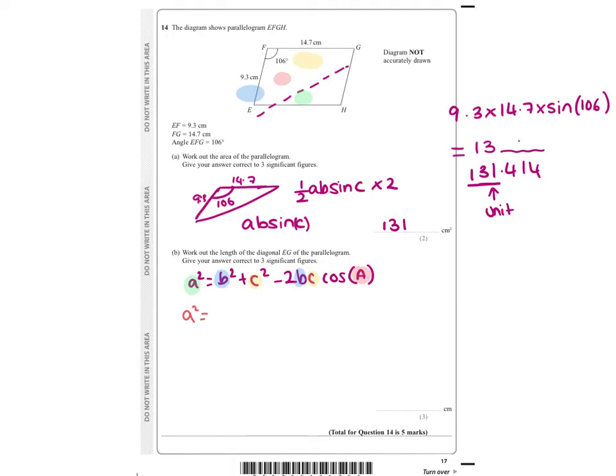So my b squared, so I'm going to get 9.3 squared plus 14.7 squared minus 2 times 9.3 times 14.7 cos of 106.